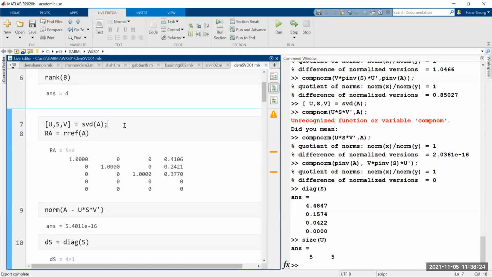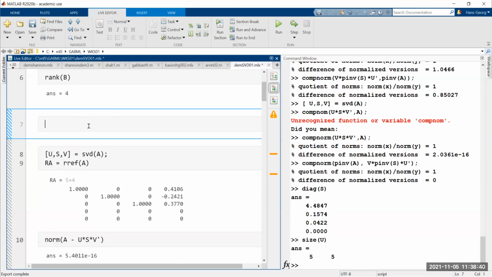Now in MATLAB, we could do the experiment that maybe I add something here to enter a new section, and I'm making another matrix C. C is random, and this is my command.